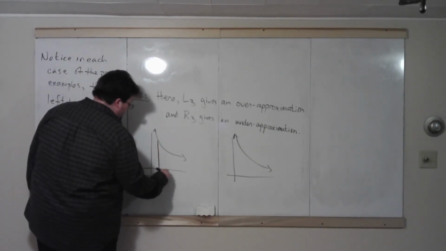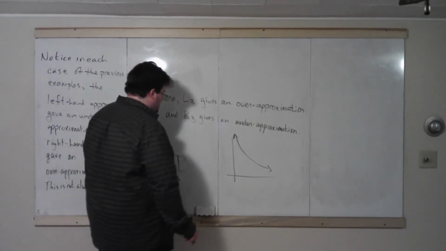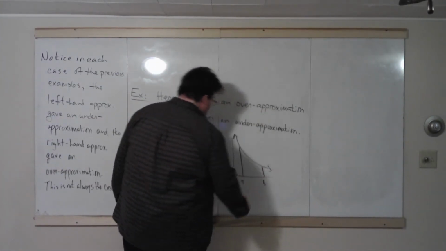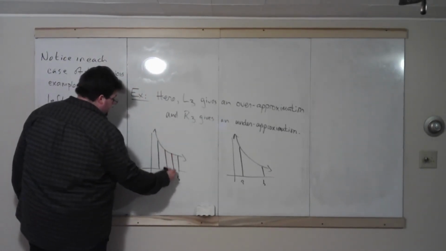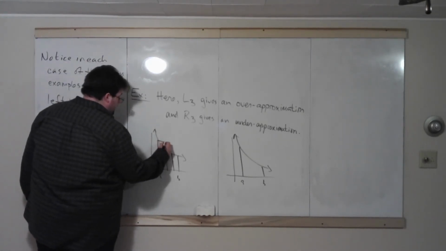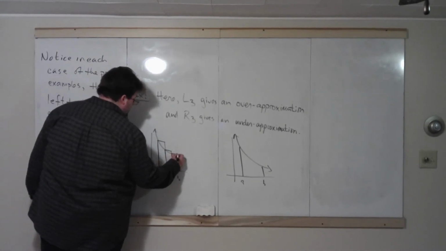Now, why is that? Well, let's mark off an A and a B. What does L3 look like? Well, let's take 3 rectangles. It's determined by left endpoints.